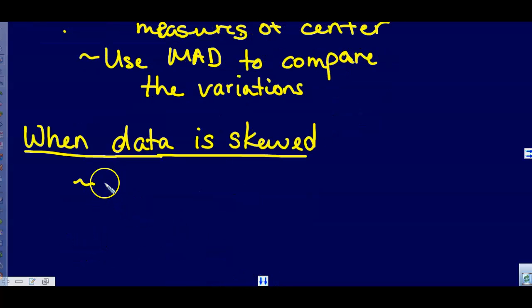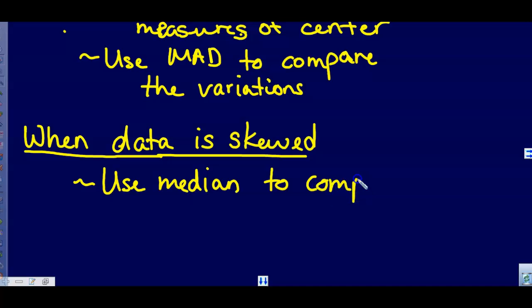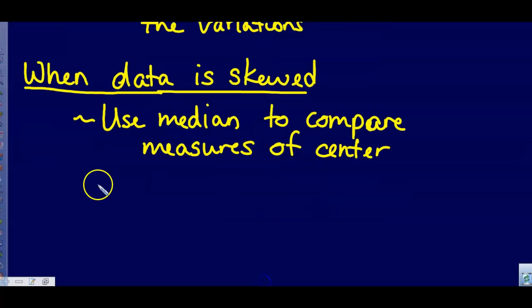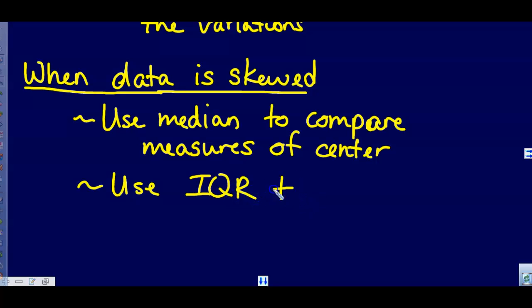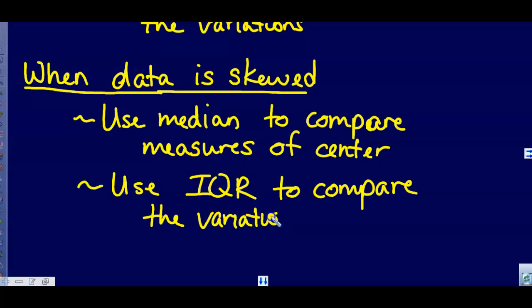When that happens, we need to use the median to compare the measures of center and we're going to use the IQR or the interquartile range to compare the variations between those two populations.